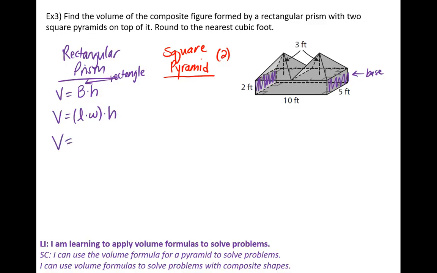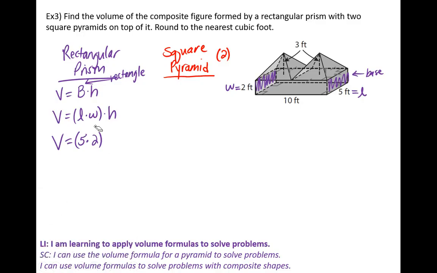So length times width, if I go over and look at this, my length appears to be the 5. And my width, this one's a little weird because if I'm looking at this rectangle that's a base, the width would actually be the 2. It's written over here, but it would be the same because we'd have 5 and 2. So I have length of 5 and width of 2.